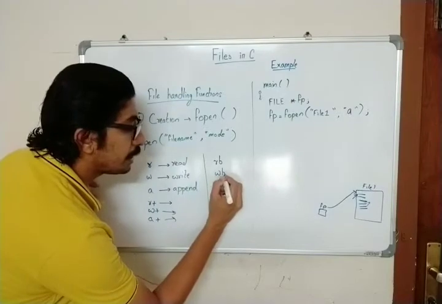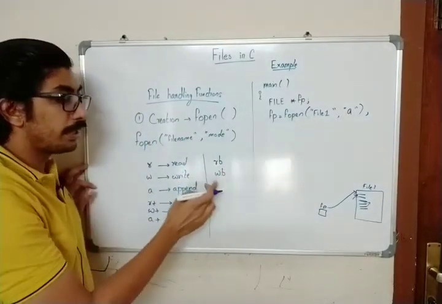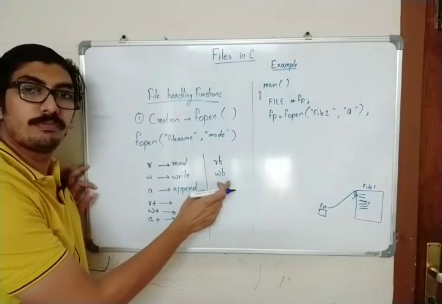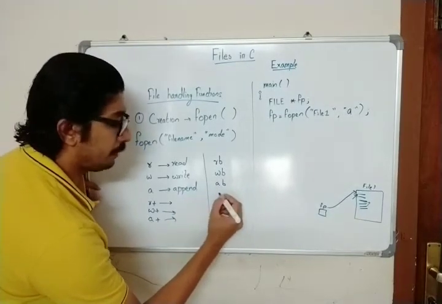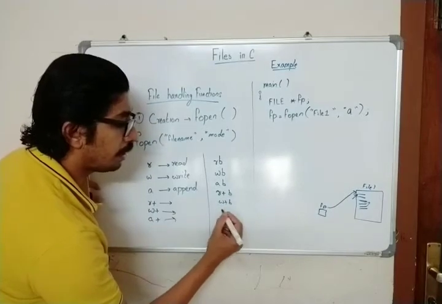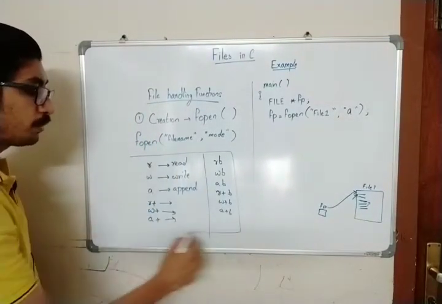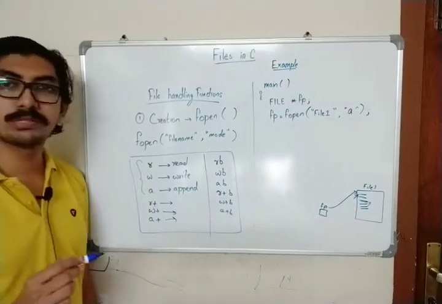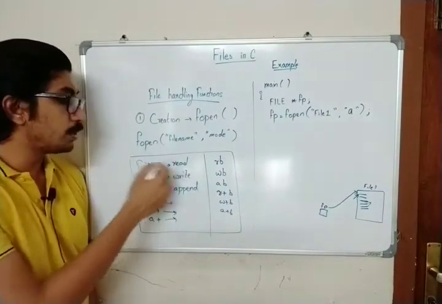Similarly, if you have to create a binary file, you will say fopen, the new file name, and the mode will be WB, which means a binary format file will be created. Similarly, you have AB, R plus B, W plus B, and A plus B. So these are the different modes by which we can open a file, and these are the different formats we will be using in general. In most cases, we will be dealing with these.